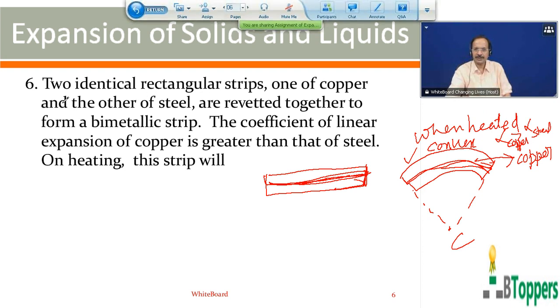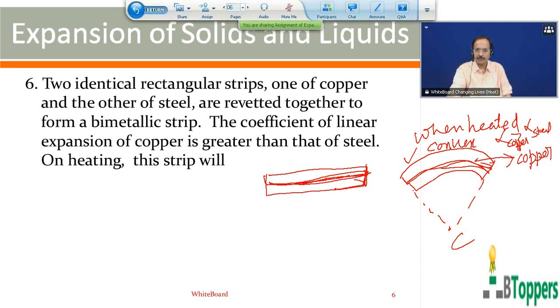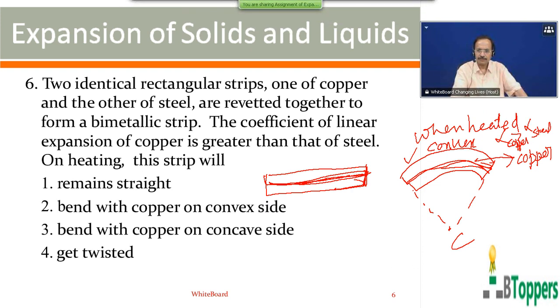This I discussed as one of the special cases also. So for question number 6, the second option will be the answer. The strip will bend with copper on the convex side, on the outer side.